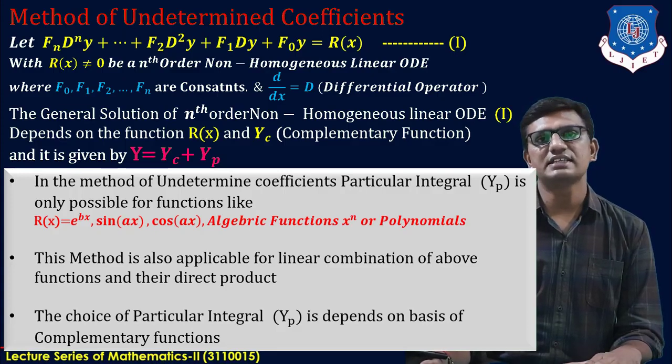Here yc is like c1y1 plus c2y2 up to cnyn, where c1, c2, c3 are arbitrary constants and y1, y2, yn are linearly independent particular solutions of the homogeneous linear differential equation, and these y1, y2, y3, yn are also known as the bases of complementary function yc. Here our particular integral also depends on the basis of yc.